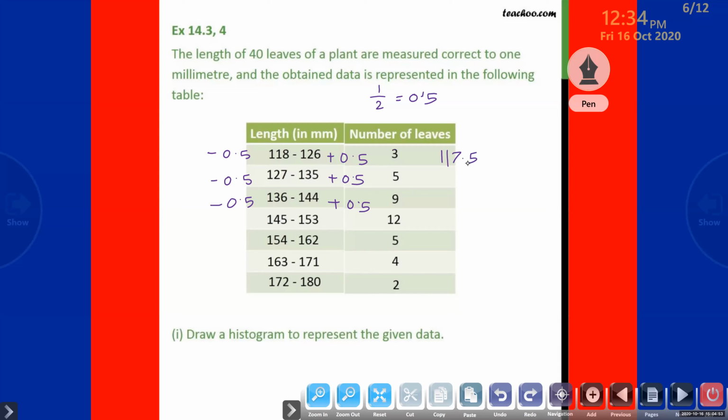Are you small children? This is first and second standard. You don't know to subtract 0.5. Tell the answer. 117.5. Yes.